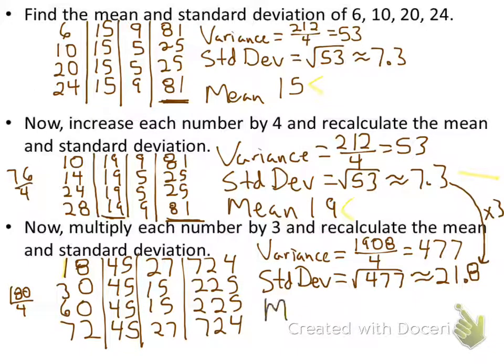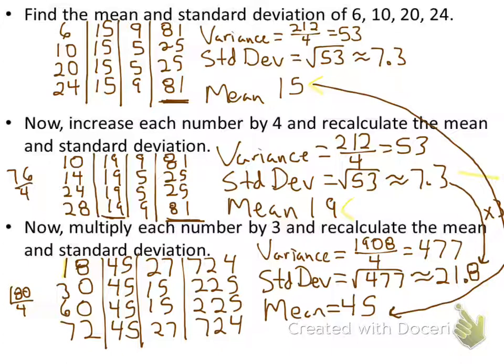Now, our mean was 45. That turned out to be 3 times the value we started with for the mean in the original. So, when we multiplied each value, it made the mean that much bigger by multiplying, and it also made the standard deviation that much bigger.